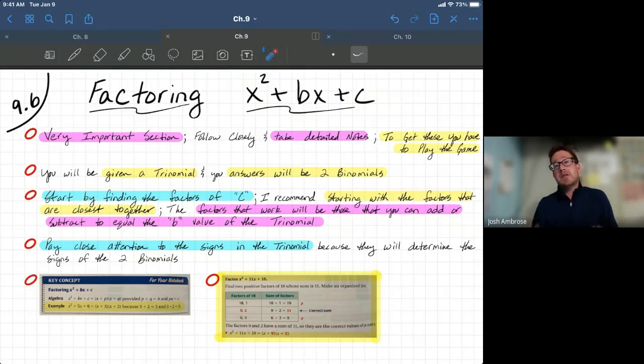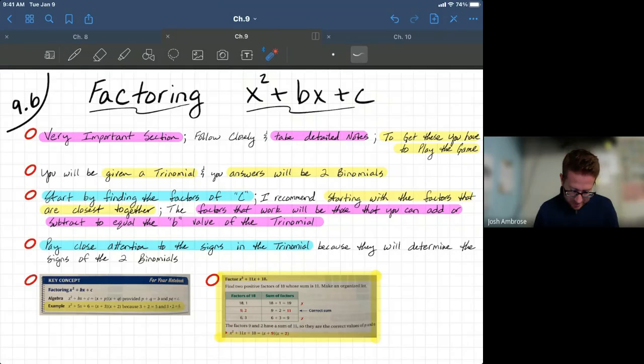So again, if I'm using the example 12, the factors that are closest together for 12 are 3 and 4. 3 and 4 are the closest possible factors. You need a good starting point, or else you're just going to be guessing a lot in this section. So a good logical starting point is always with the closest together factors.